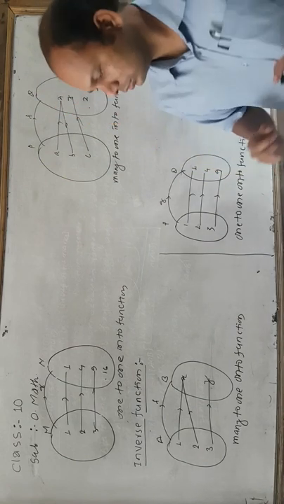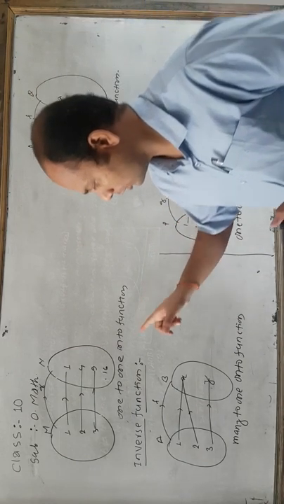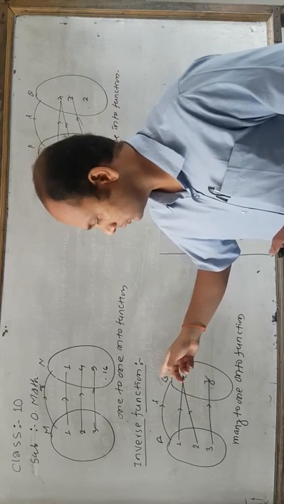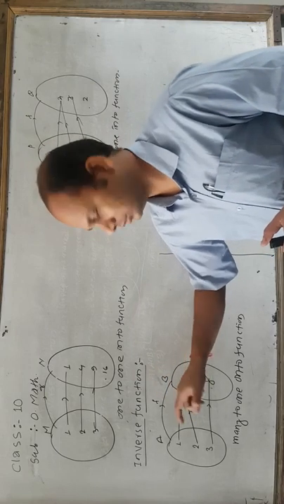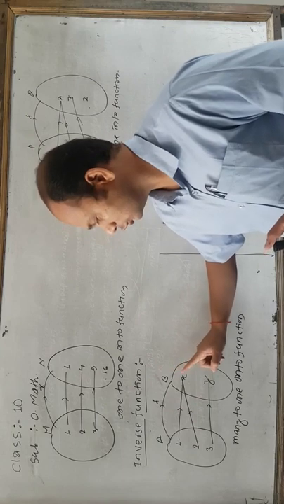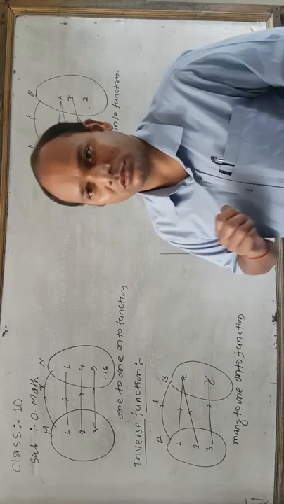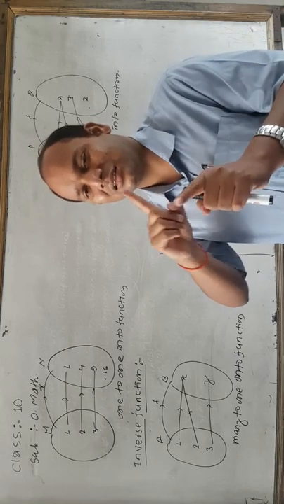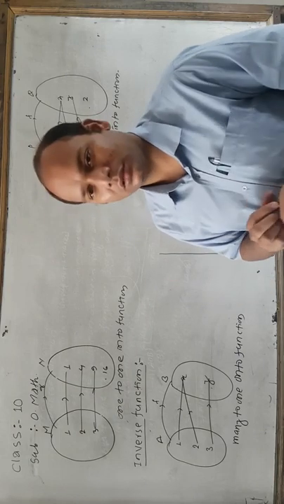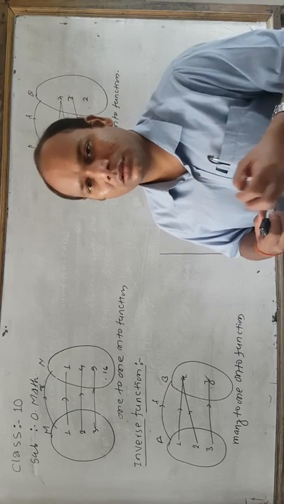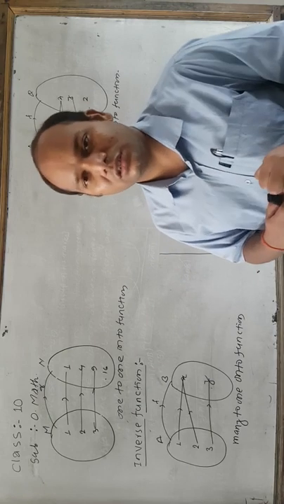The function obtained by interchanging its range and domain, then the new function is called its inverse function. Interchange their range and domain, then we get a new function, and it is called its inverse function.